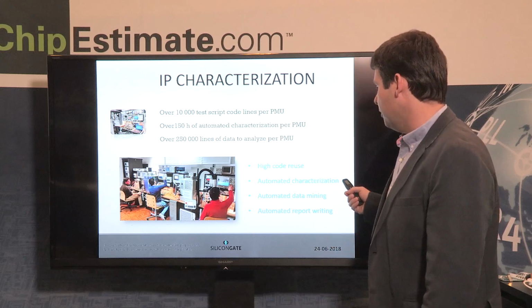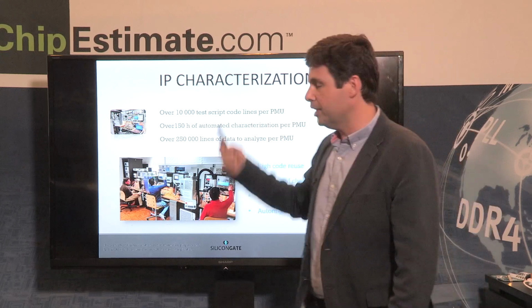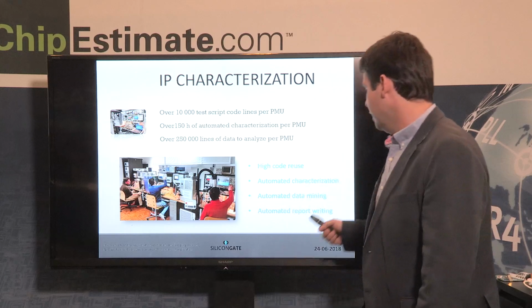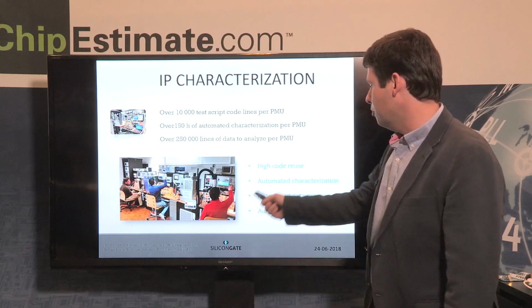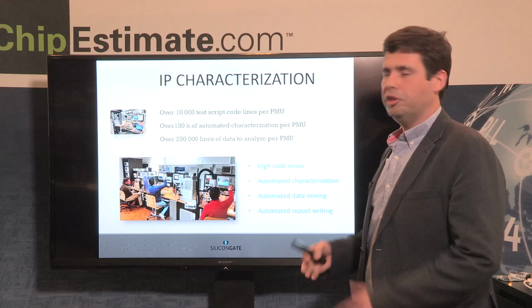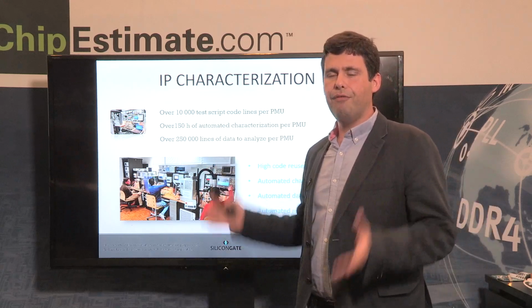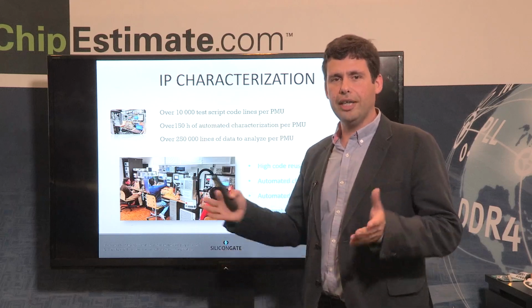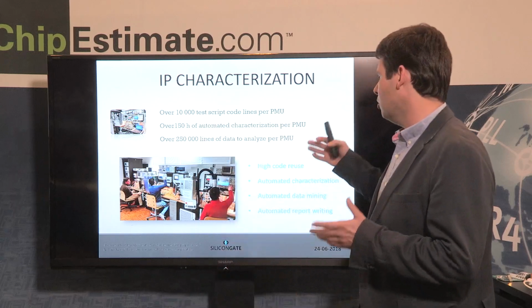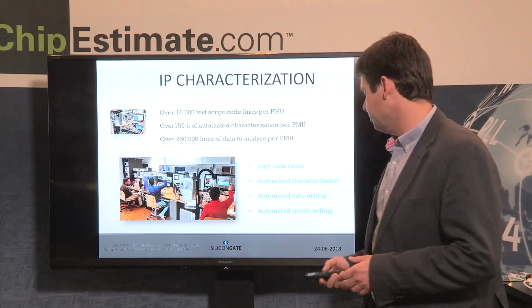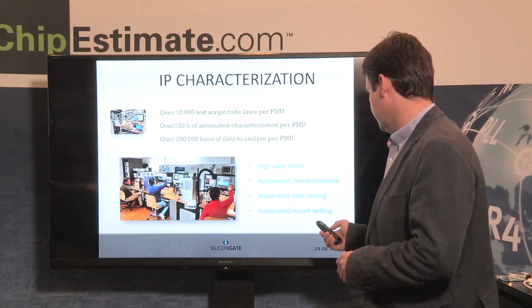You need to have automatic characterization because the amount of data that is collected is huge. And of course you need automated data mining so that you can do automated report writing that allows you to have very nice reports that cover all the cases, all the use cases, all the options that you have inside the chip, and that allows a full characterization of the chip.